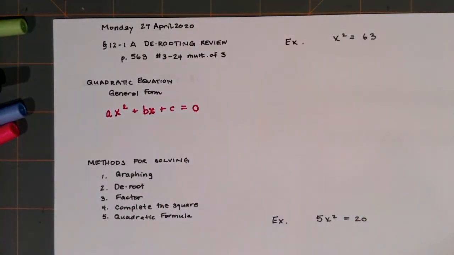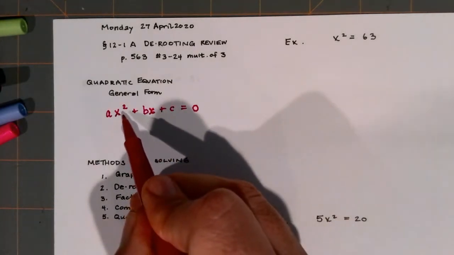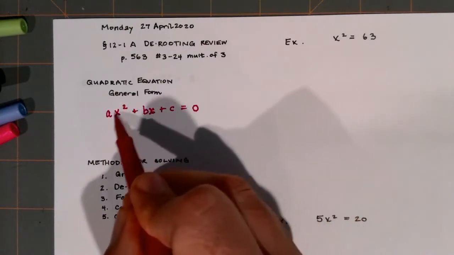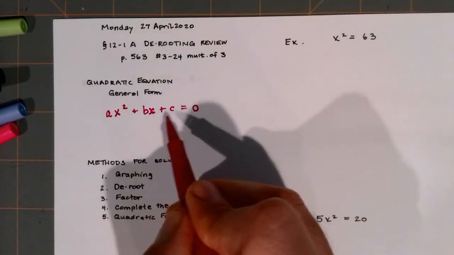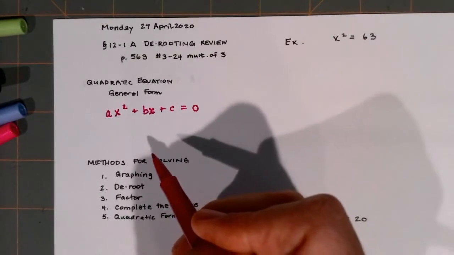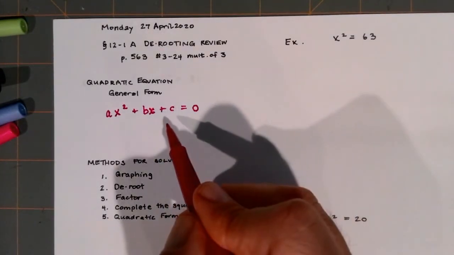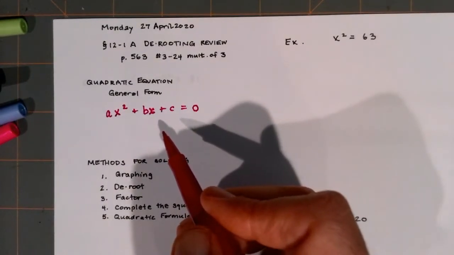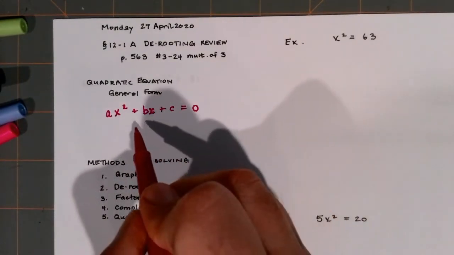That is what's called the general form of a quadratic equation. Notice that to be quadratic it has to have an x squared. If I didn't have this x squared term, it would be like 3x plus 7 or something like that, and that would make it a linear equation or a line.